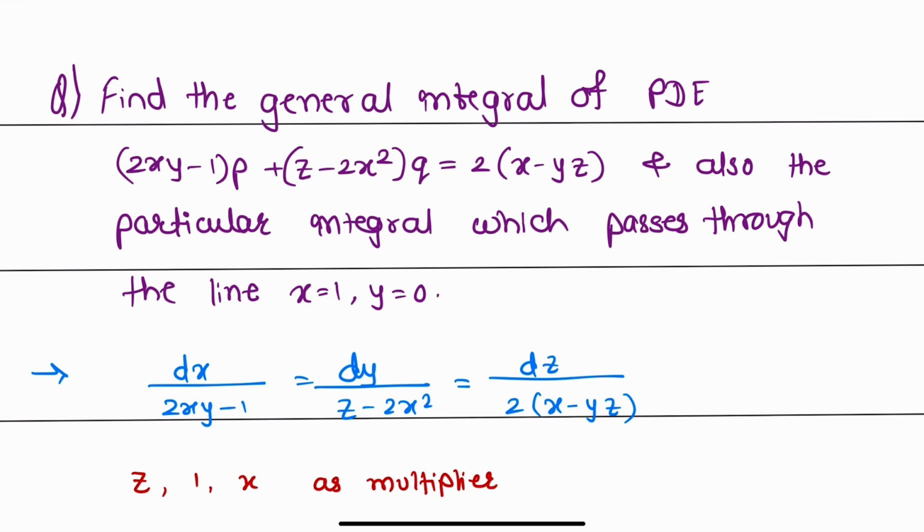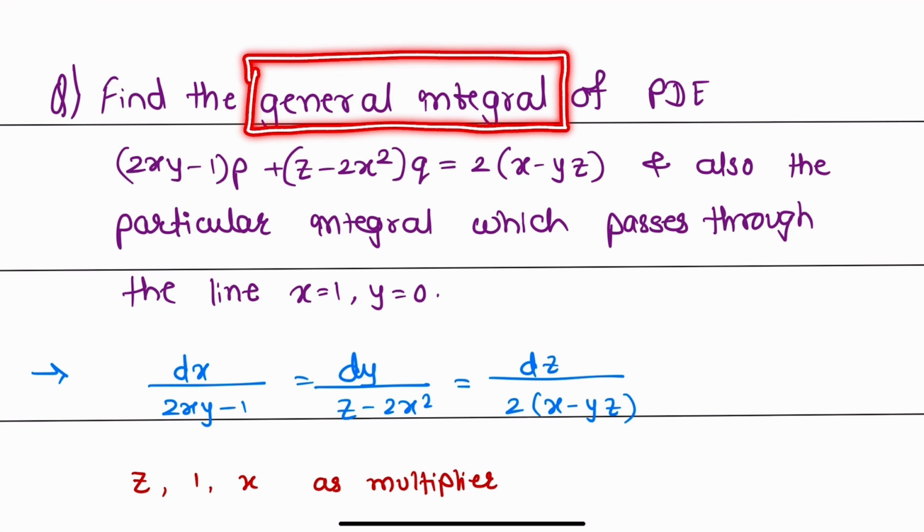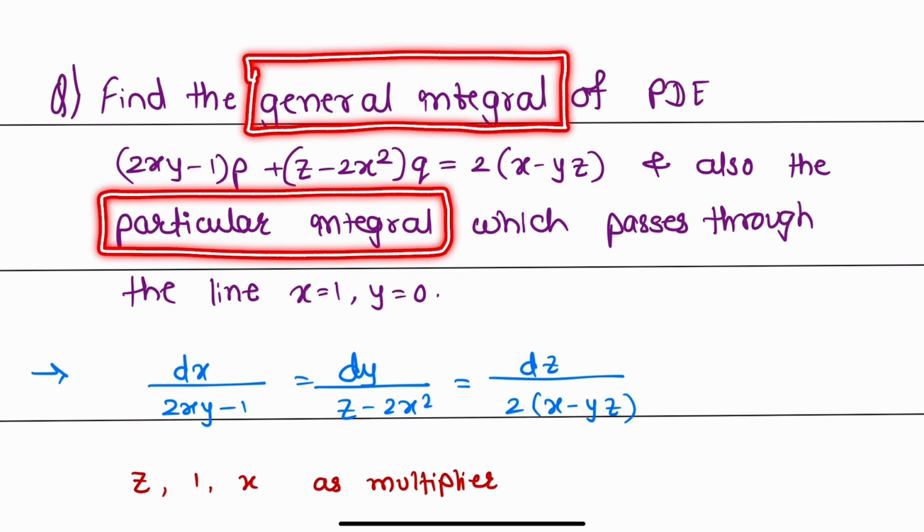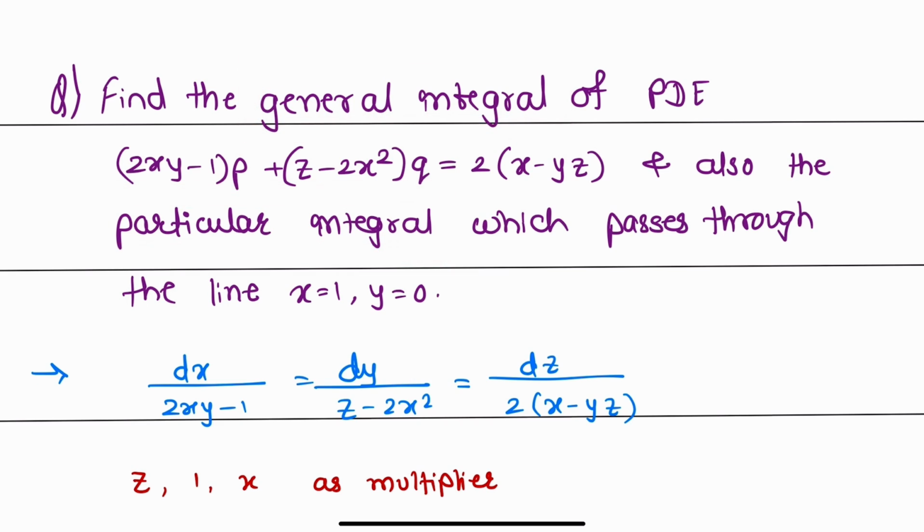So basically, this particular question can be divided into two parts. First is the general integral and then a particular integral. Our approach will be to find the general integral of this particular PDE by the methods we have been using earlier.